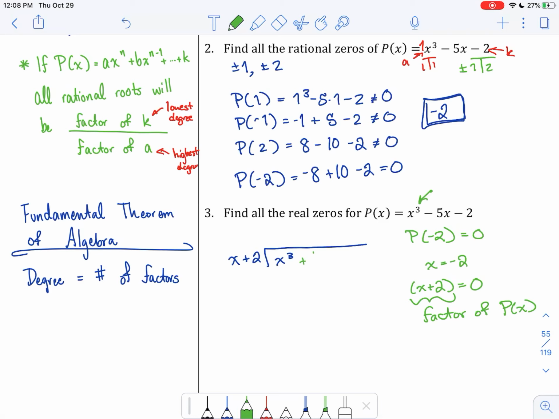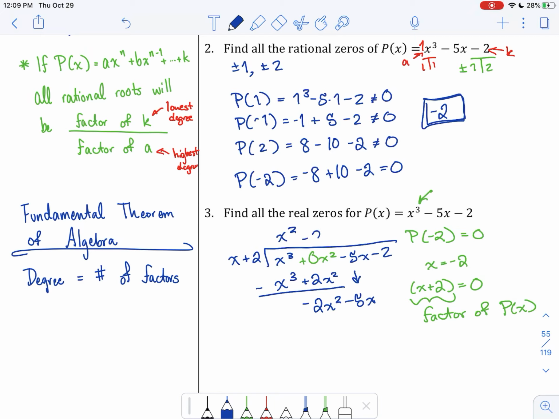X cubed, and again, it's missing that x squared term, so we'll put that in. Minus 5x minus 2. And we're going to do our long division. What times x is x cubed? That's x squared. Multiply that down, plus 2x squared, and subtract, which leaves me with negative 2x squared. Bring down the negative 5x.